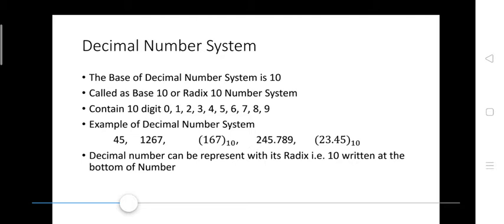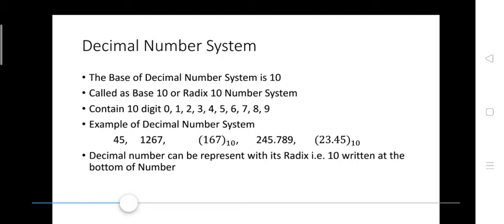23.45. If you observe 45 and 167, you find that at the base of 167, we write 10. This 10 is nothing but the base of decimal number system. But if you observe 45, there is no 10 written at its base.